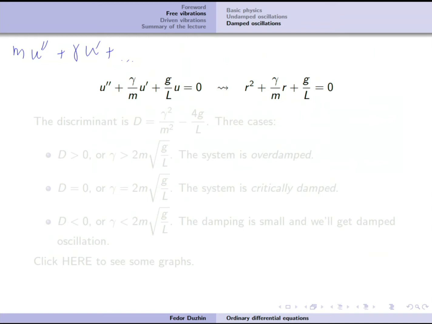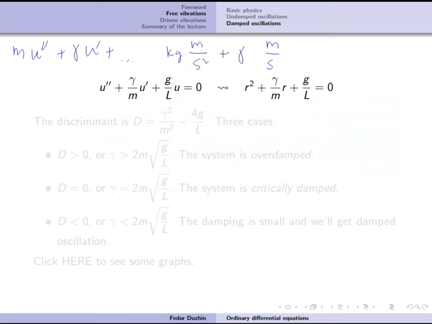So what are the units of mass? The units of mass are kilograms. The units of u double prime, which is acceleration, are meters per second squared. Plus, we have our gamma, and the units of u prime, the speed, are meters per second.